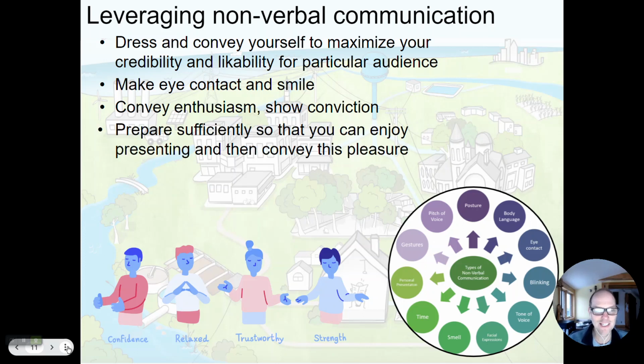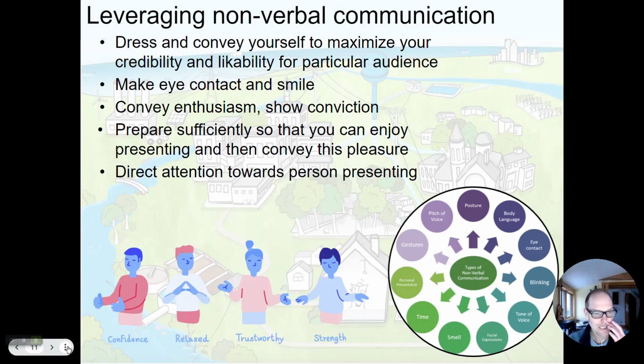And part of this is about preparation. If you prepare your talk well enough, you'll be able to actually enjoy presenting, and that'll help you convey your own pleasure and allow them to experience greater pleasure in your presentation as well. Now, you're giving group presentations, and so that means you need to think about what you're conveying when you yourself are not the person presenting.